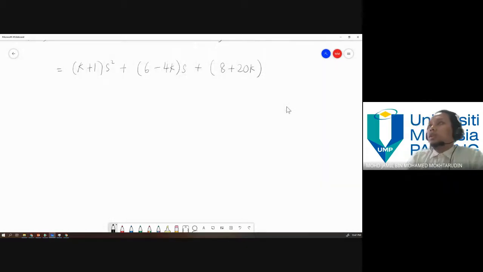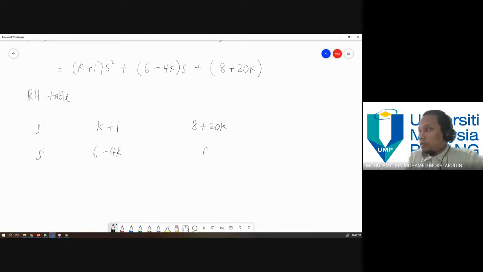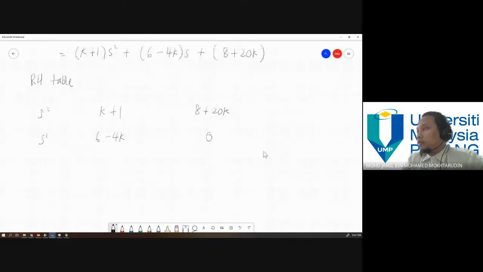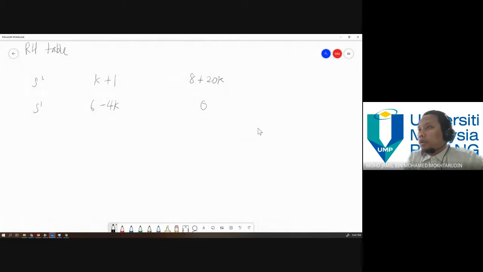So you can do the Routh-Hurwitz table. Okay, so start with S squared and S1 and fill it alternatingly. And then for row S0, you use the determinant. So here I get 8 plus 20K.